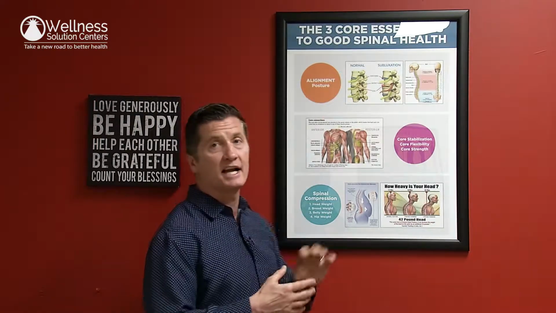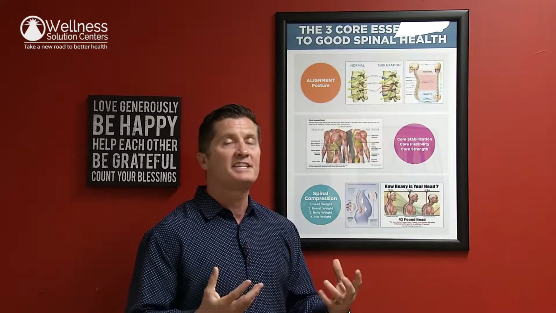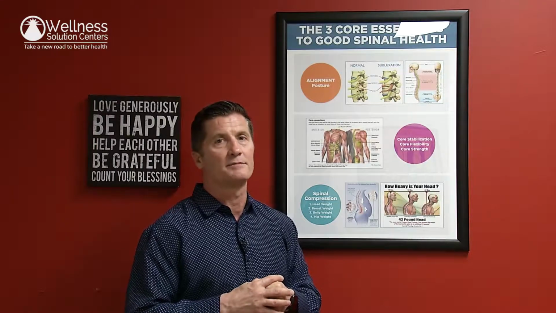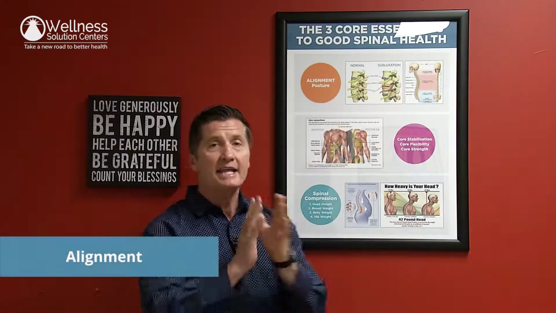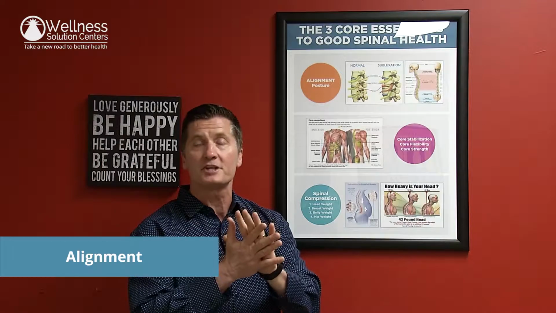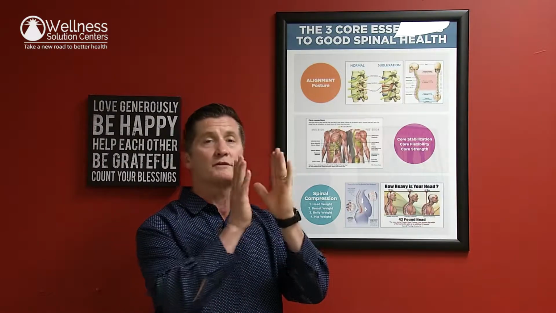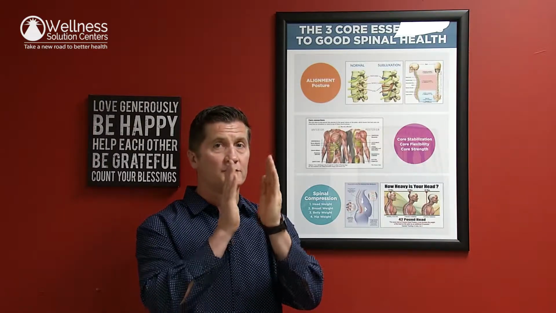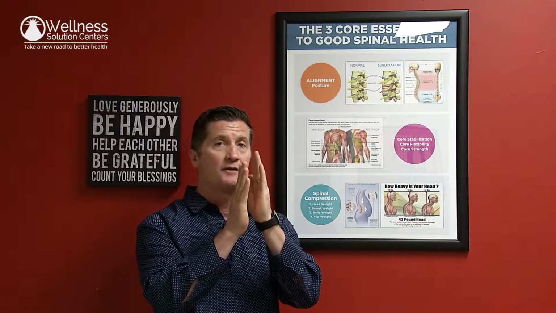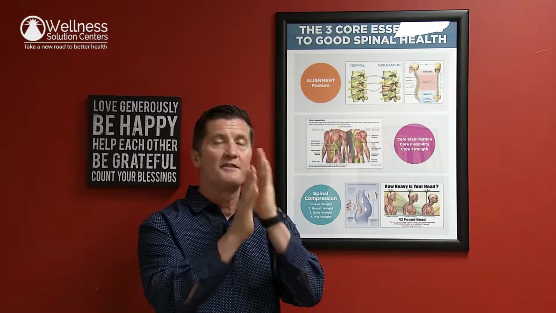There are 3 things that I teach my patients that they need to understand when it comes to arthritis in the spine. The first one is alignment. Anything that's misaligned is going to create friction. Think about it. A joint is 2 surfaces of bone that come together, and if those surfaces are not touching, there's no friction.